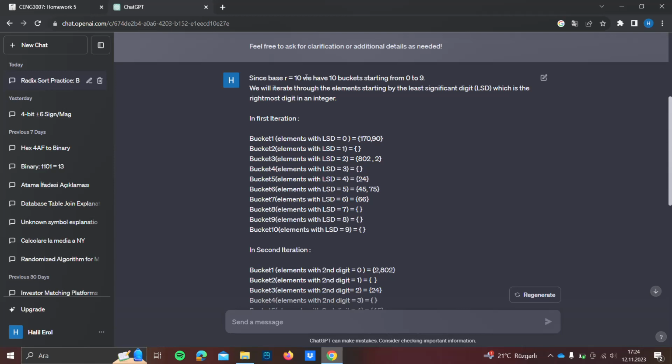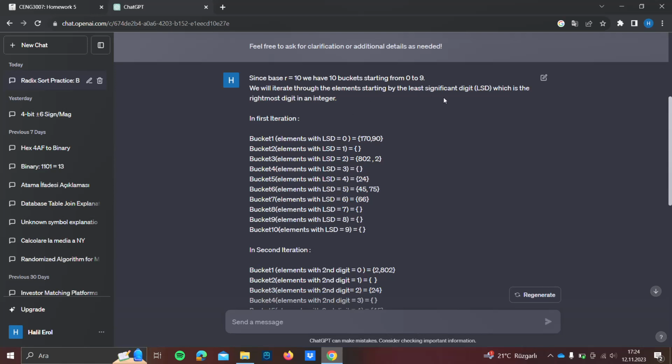In the first bucket, with index number 0, we are putting elements with corresponding digit equal to 0. We are starting with the least significant digit, which is LSD in abbreviation, which is the rightmost digit in an integer.